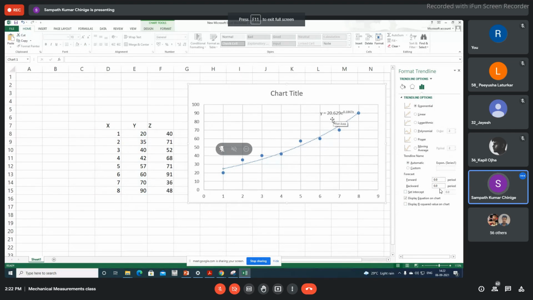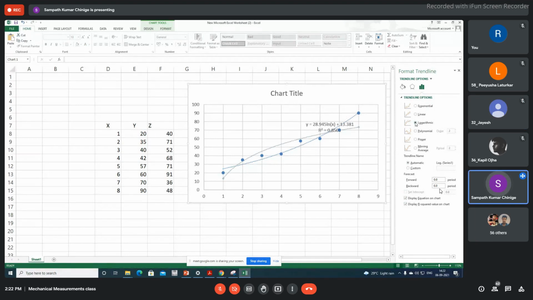A is 20.629 e power bx. Now you get the doubt, which one is better? That can be told by the R square value. It's 0.935. Now which one is better according to you, linear or exponential? Linear, sir. Yeah, that's how you will define.